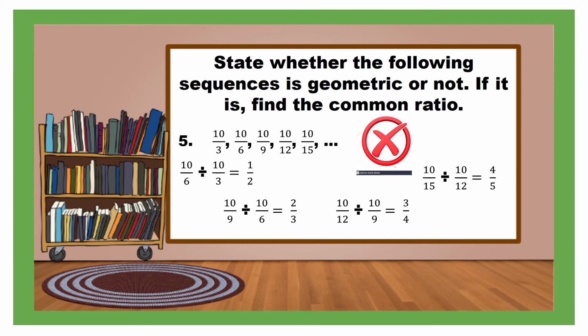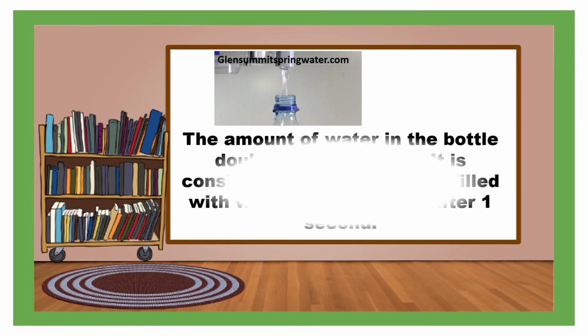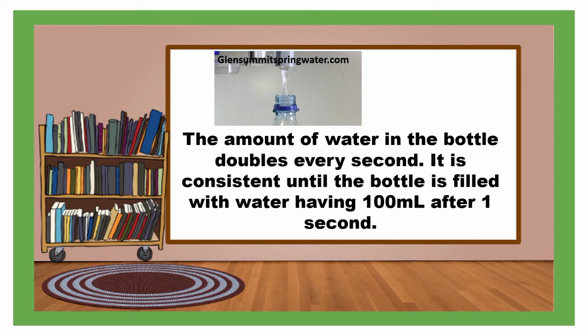Now, let's try to investigate the situation in the picture. The amount of water in the bottle doubles every second. It is consistent until the bottle is filled with water, having 100 milliliters after 1 second. Record your observations in 5 seconds.